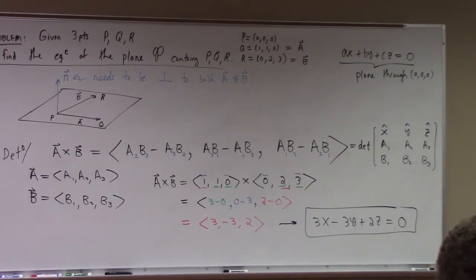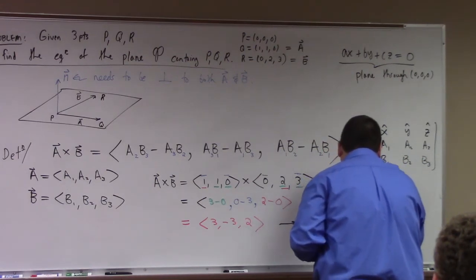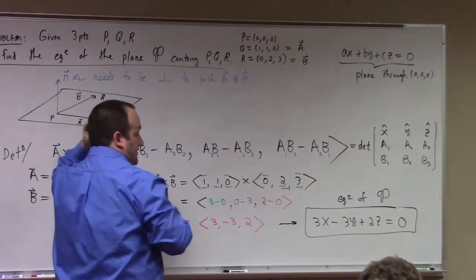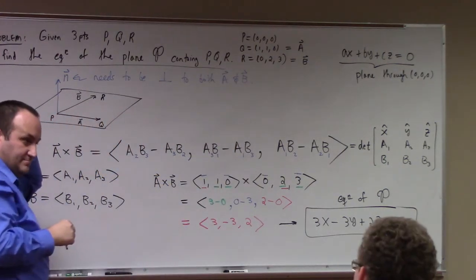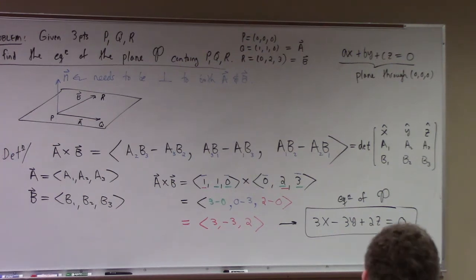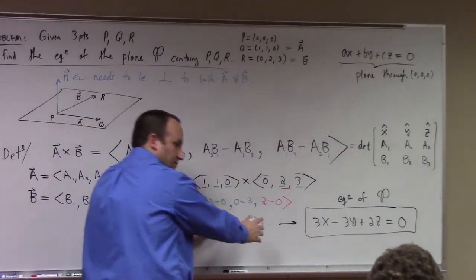Any questions? Yes? So the 3x plus 3y plus 2z is the equation of the plane or the normal? This is the equation of the plane that I was stating. It's the plane which contains the points p, q, and r. We don't write an equation for the normal. The normal is a vector, so we'd say this is the normal.